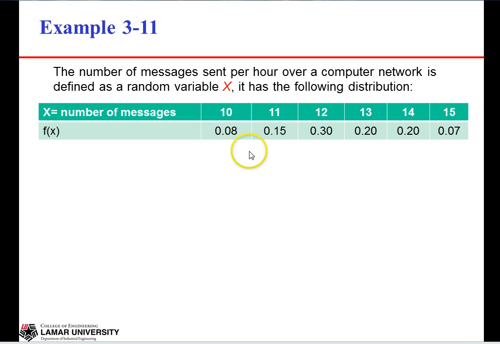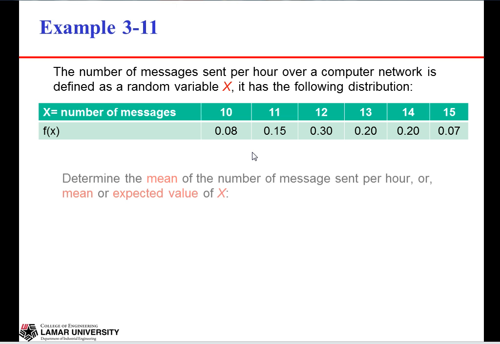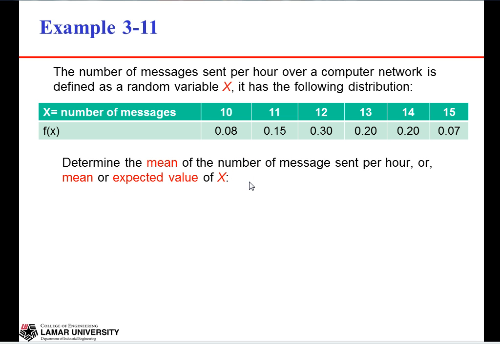For random variable x, we want to determine the mean of the number of messages sent per hour. Or sometimes you can simply say we want to determine the mean or expected value of variable x.